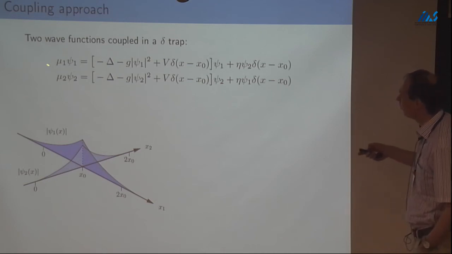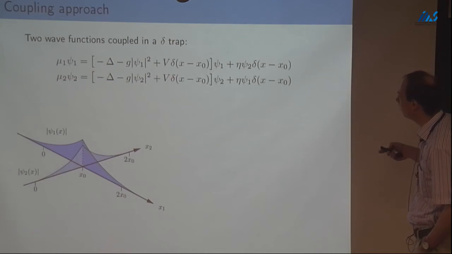So we start with the Gross-Pitaevskii equation for the first wave function, here only with the real part of the potential. Here we have now the coupling, some overlap with the wave function psi2, which gives us this in and out coupling defined by a coupling parameter eta, just giving us the strength.